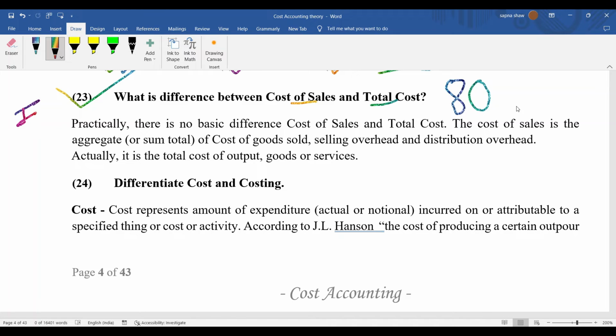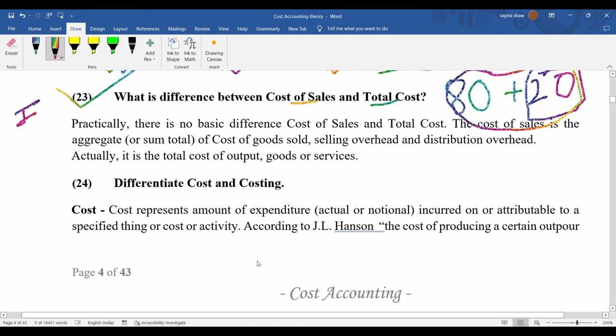And total cost means, the rest 20 rupees, suppose we have spent for advertisement and delivering the product to different stores, then this 20 rupees is selling overhead. Once we include these two, we will get the total cost. And this question is very important.